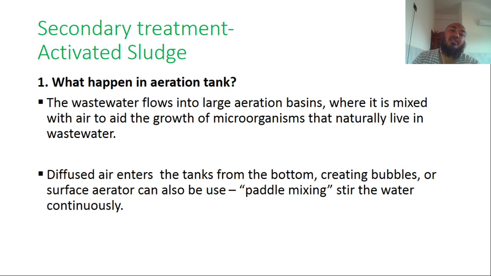What happens in the aeration tank? The wastewater flows into the large aeration basin where it is mixed with air to aid the growth of microorganisms that naturally live in the wastewater. Air is diffused into the tank from the bottom, creating bubbles, or a surface aerator can also be used. Paddle mixing stirs the water continuously.